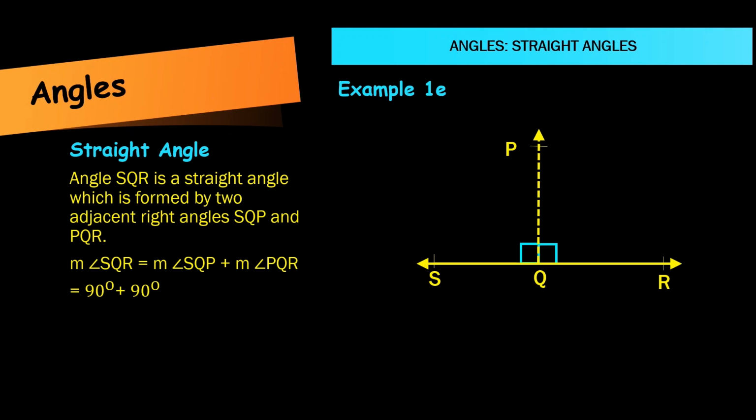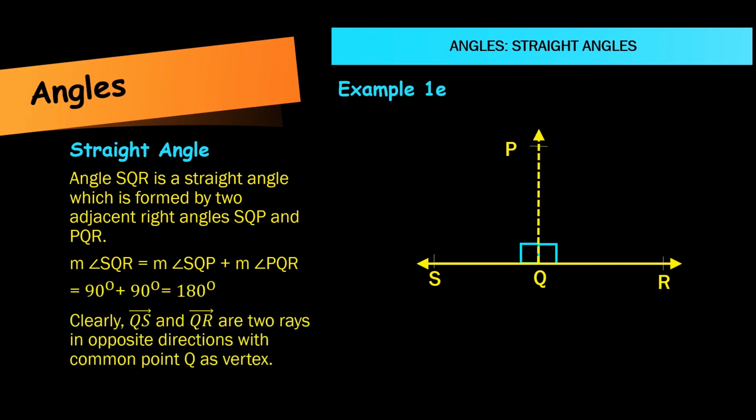And this equals 90 degrees plus 90 degrees, which is equal to 180 degrees. Clearly, QS and QR are two rays in opposite directions with common point Q as vertex.